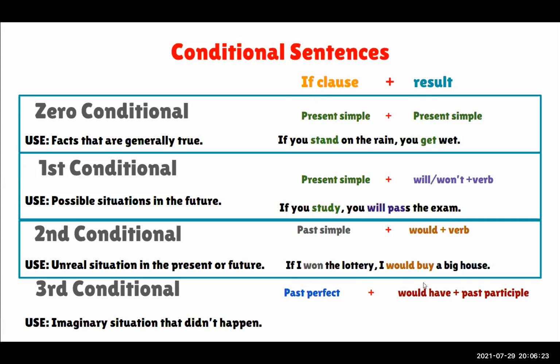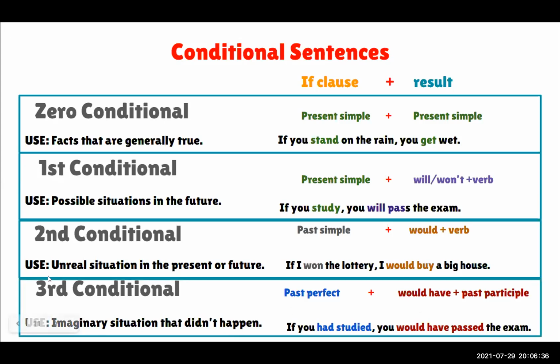Like in this conditional, we could replace would with might or could. The same in the third conditional, it can be replaced. Okay? For example, if you had studied, you would have passed the exam. Okay, so this is the conditional we are going to practice today, the third conditional.